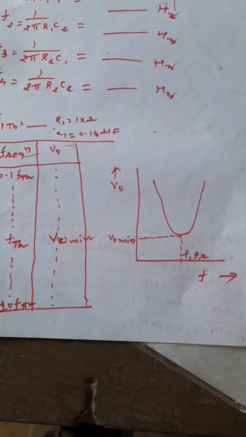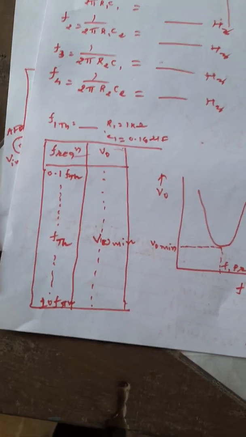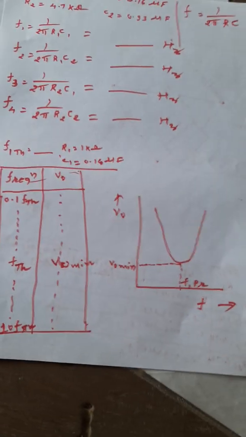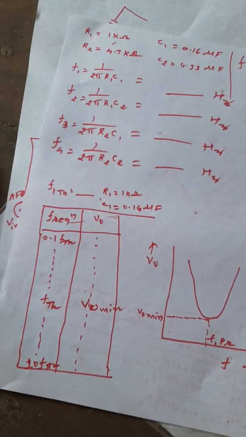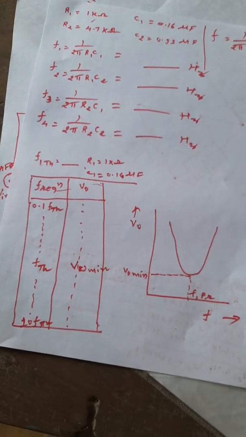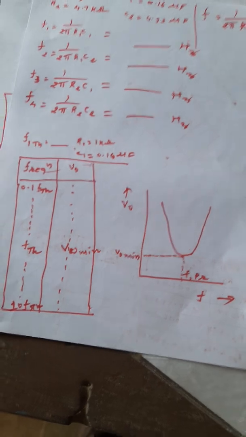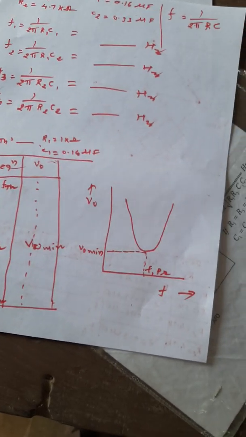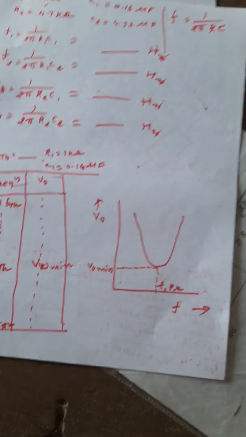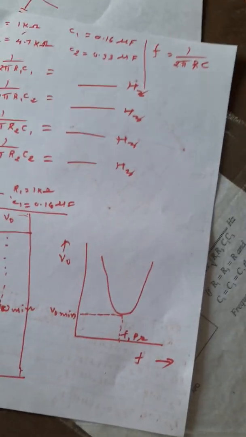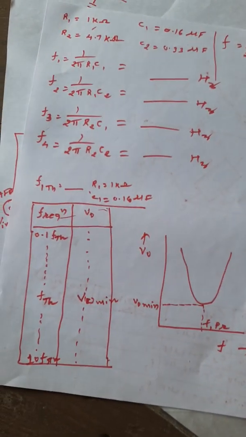This F practical is going to match with the F theoretical. So now we have two different values of frequency: one that we obtained from the calculation using the formula 1/2 pi R2C1, and the other by performing the experiment and drawing the graph. From the graph we get the frequency at which the minimum voltage is available at the output.